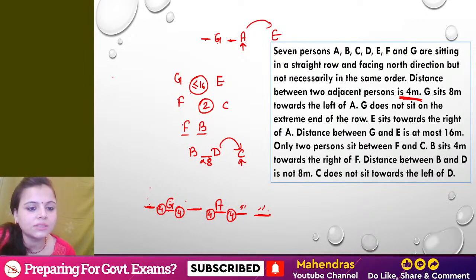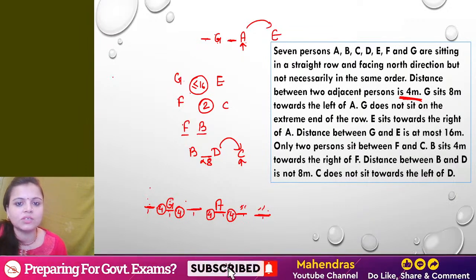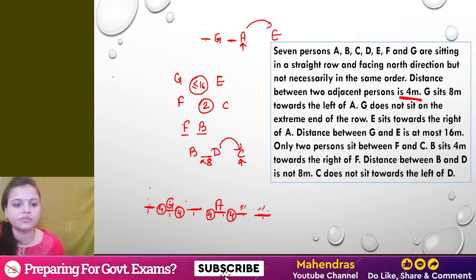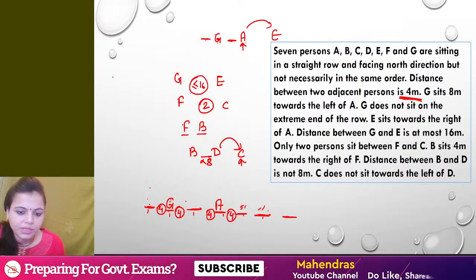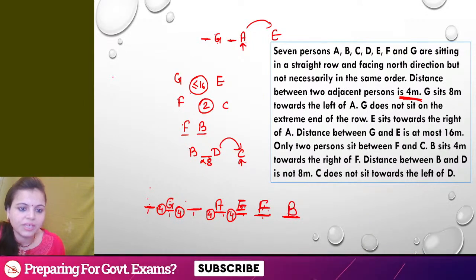Next, F and B, they are immediate neighbors. So how many persons are there? 1, 2, 3, 4, 5, 6. We need 7 persons, and we have only 7 places for 7 persons. We know that F and B are immediate, so we can put B in this place so that B is immediate right of F, and you can put E in this place.